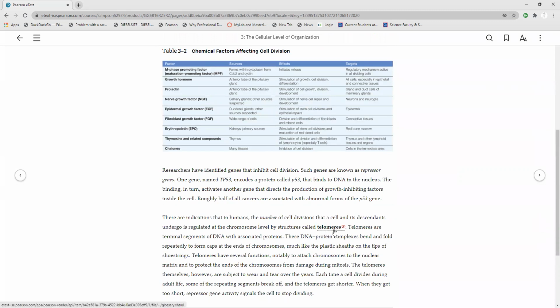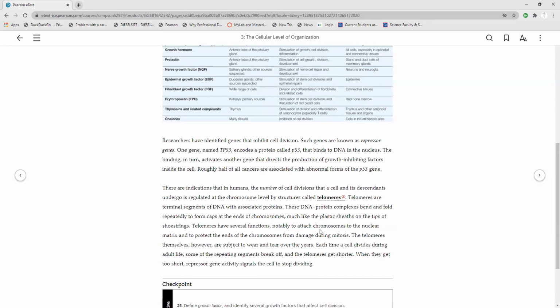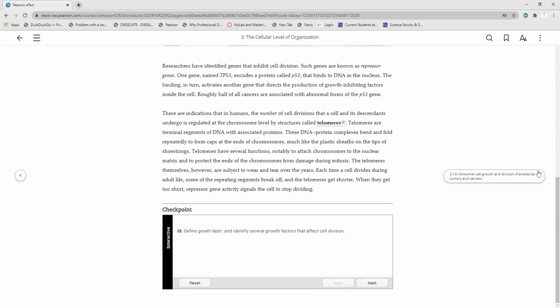Now, telomeres are the ends of the strands of DNA, and if they start to fray, this is where we start getting changes or problems with DNA replication. They act as caps. This is like the ends of your shoelaces. If you have those hard plastic things, they keep the laces so they don't unwind.